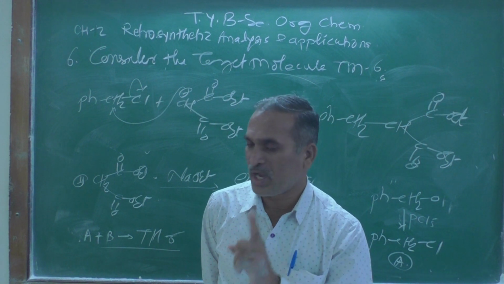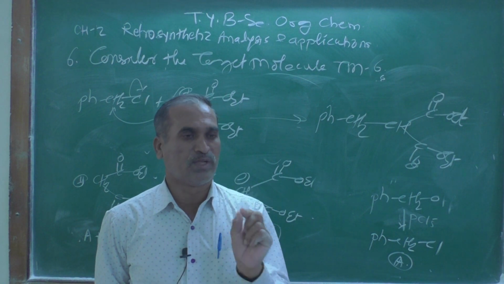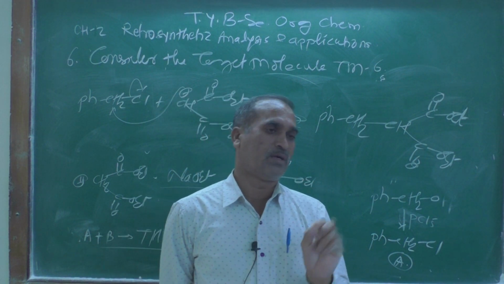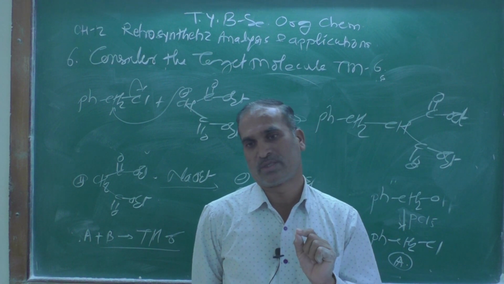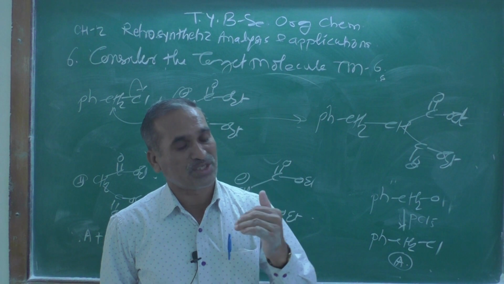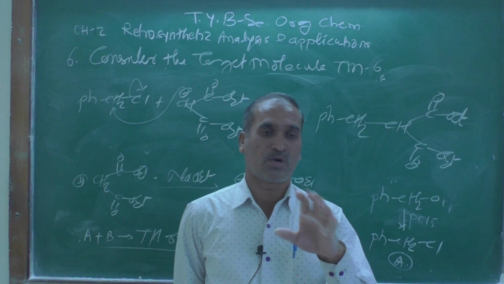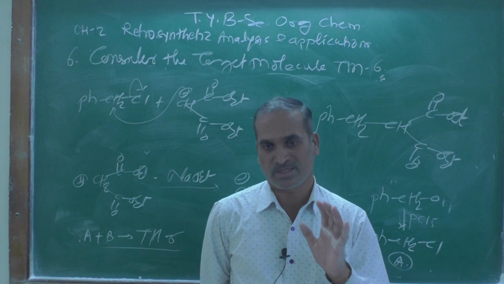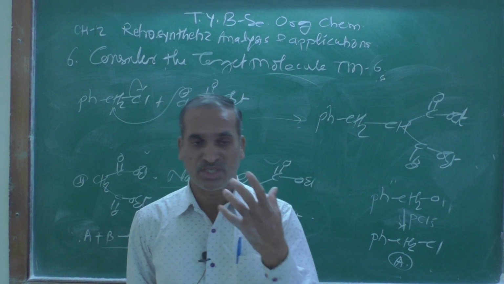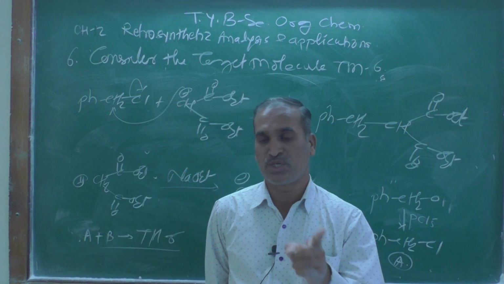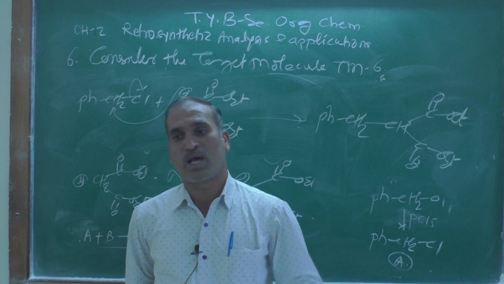But if you see the B route carefully, you will observe that the fragmentation we got, PhCH2 plus, has a proper synthetic equivalent. Synthetic equivalent means the reagent carrying out the function of a synthon. Here the synthetic equivalent is PhCH2Cl, which can be obtained from benzyl alcohol.